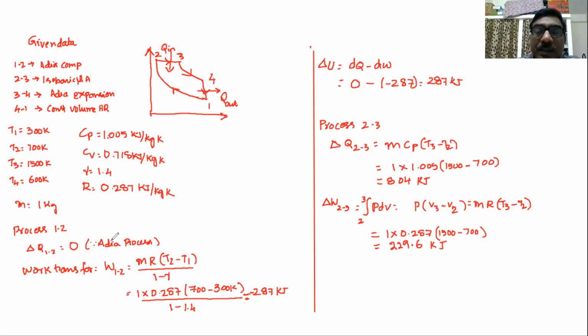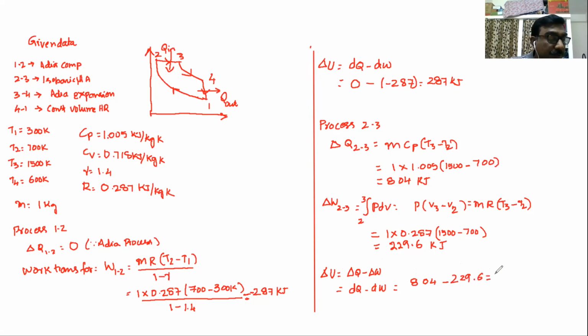Now let us see the change in the internal energy. Delta U is equal to delta Q minus delta W, or same thing, dQ minus dW. So what is the dQ here? 804 minus 229.6.